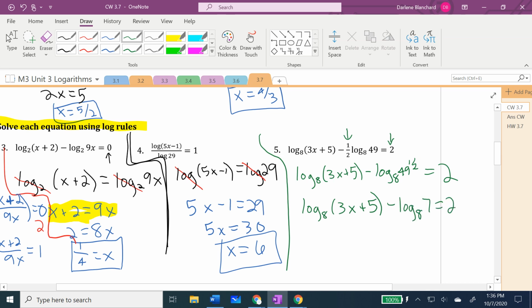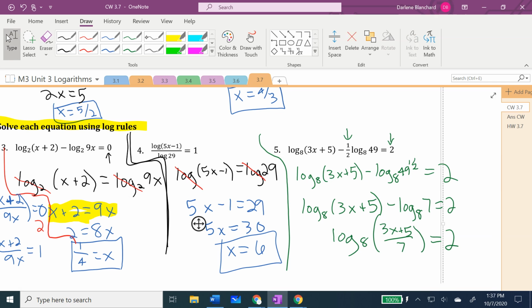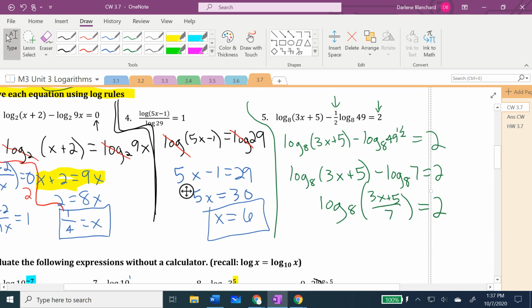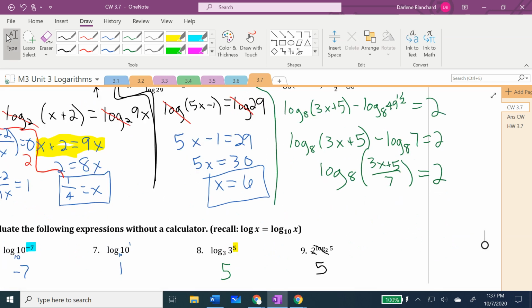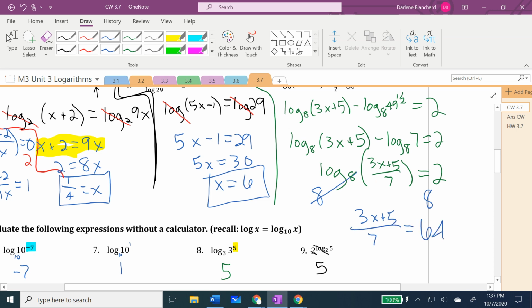From here, you can combine due to subtraction. And then you're almost there. But keep in mind, don't undo a logarithm until it is condensed. So you 8 to the power both sides. 8 squared is 64.